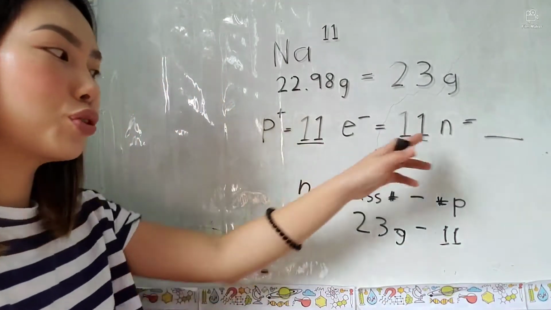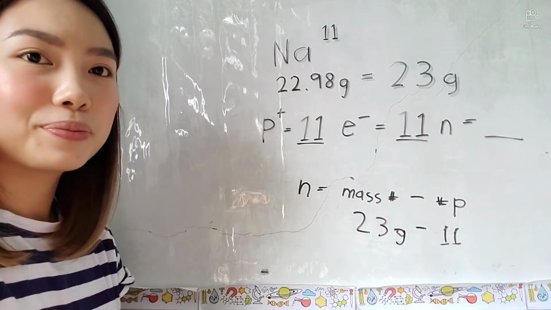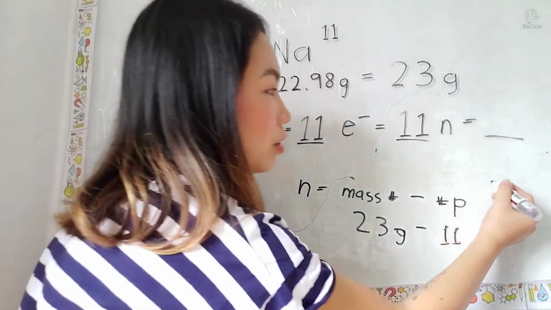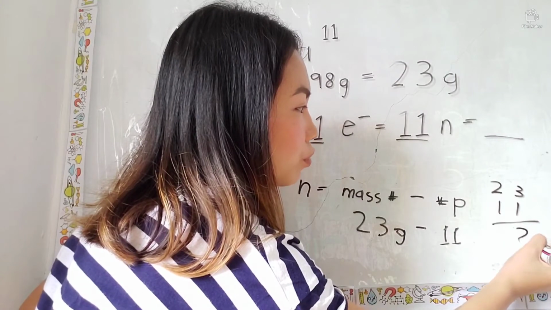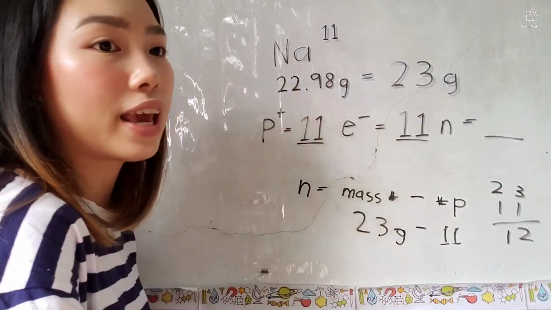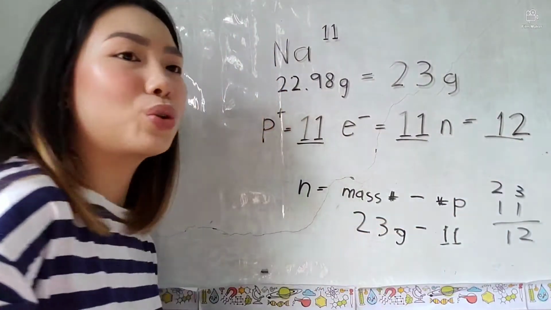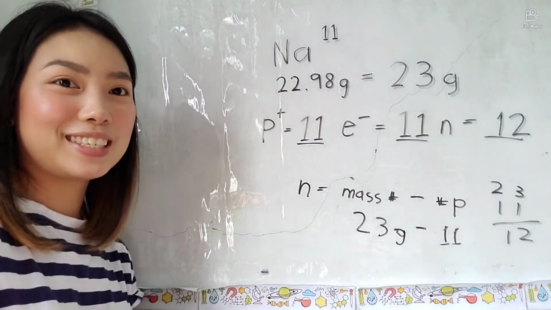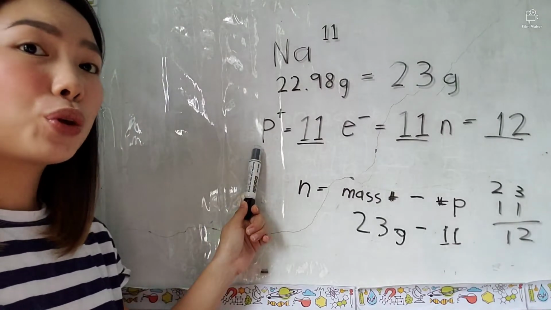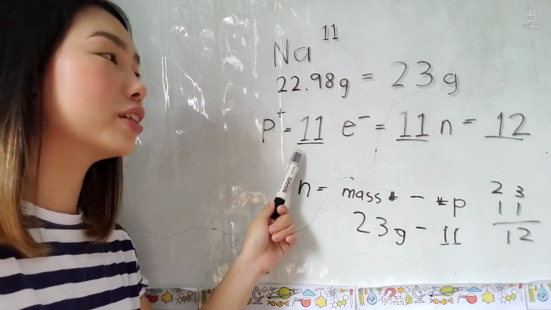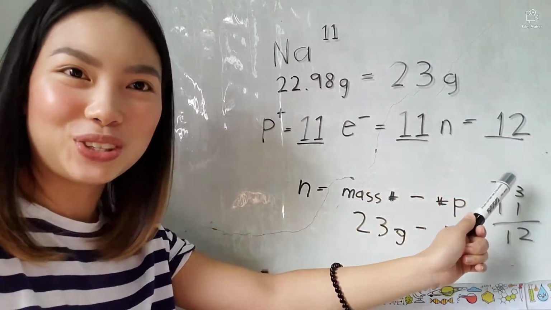So, the answer for neutron is 23 minus 11, we have 2, 1, then the answer will become 12 neutrons. So, yung answer natin for this is sodium has 11 proton, 11 electron, and 12 neutrons.